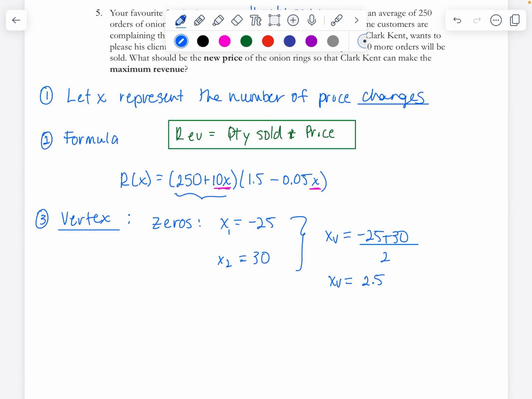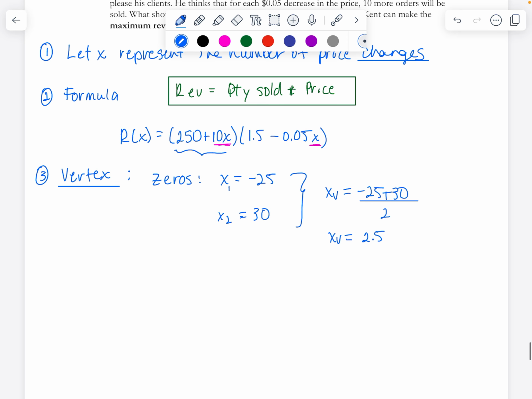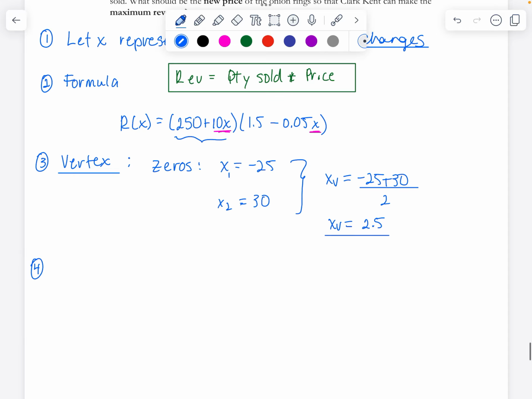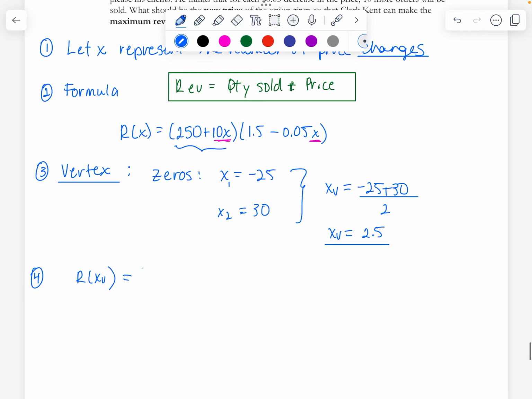All right. So the last part of this is finding: we have xV, but we need to find RV. We need to find the maximum revenue. So what I'm going to do is take 250 plus 10 and sub in xV for x. I'm going to take 1.5 minus 0.05 and sub in xV. So let's see what we get.